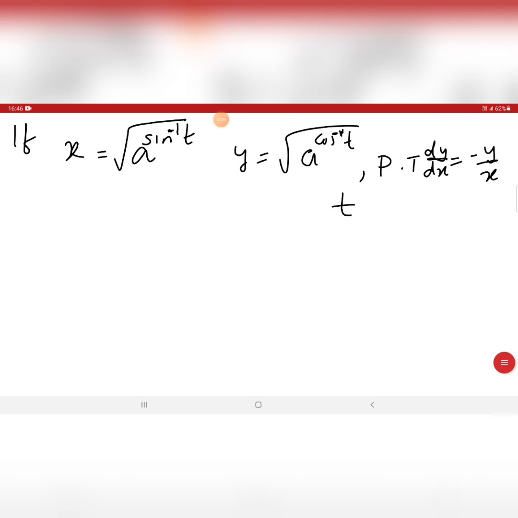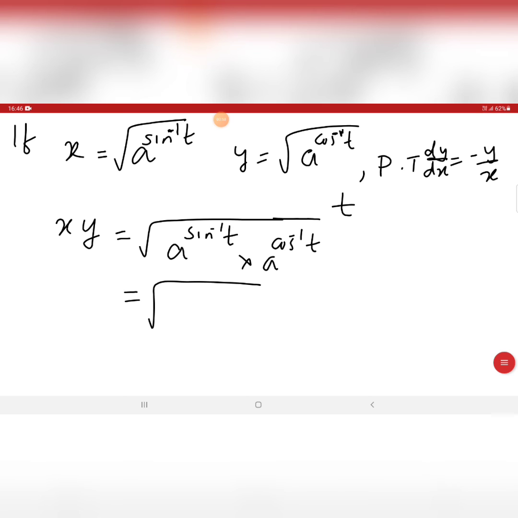Just multiply x and y, x into y. Root of a number into root of another number is the same as root of a raised to sin inverse t into a raised to cos inverse t. That is root of a raised to m into a raised to n, then a raised to m plus n. So sin inverse t plus cos inverse t.